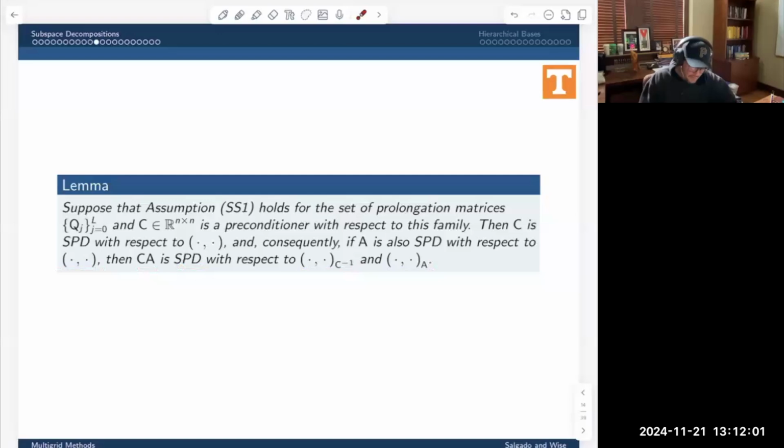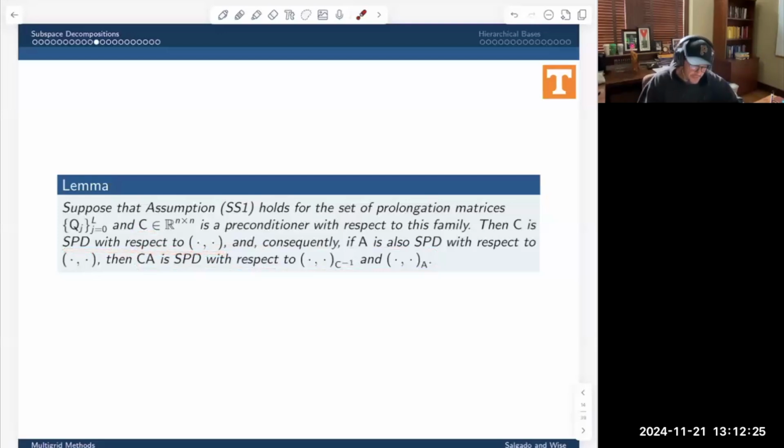Now this part, if we know that C is an SPD matrix with respect to that inner product, then we've already proven this in chapter 1. So this part here is taken care of by a result we had in chapter 1. What's new is showing that C is itself an SPD matrix with respect to R^n. That's what we want to show.